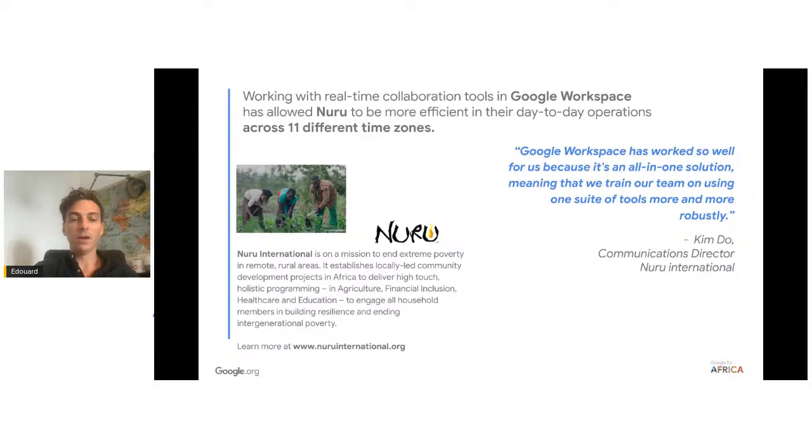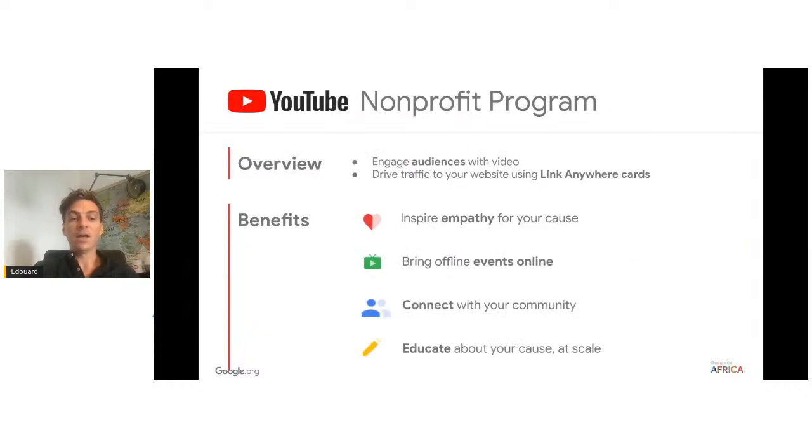One more example of a product that we actually give access to for free within Google for Nonprofits is the YouTube Nonprofit Program. As you know, video can create emotions and bring people close to your cause. That's why using video is a really powerful tool to engage with your audience with interactive content. It's a really powerful tool as well to inspire empathy for your cause and to bring offline events online.